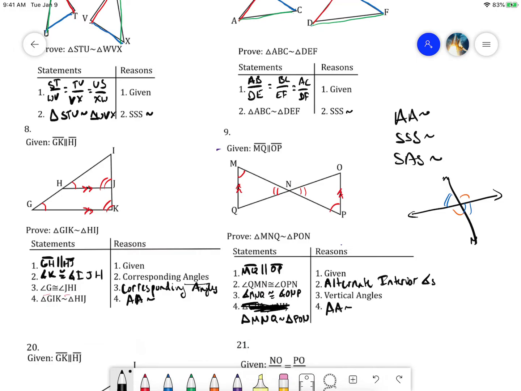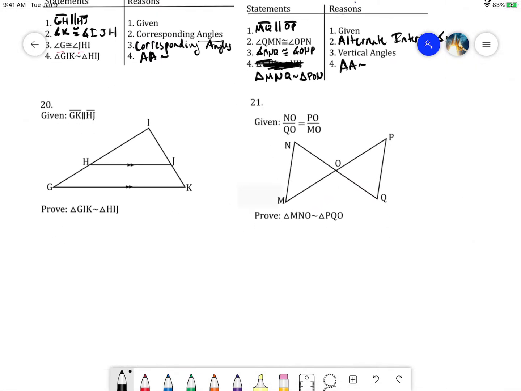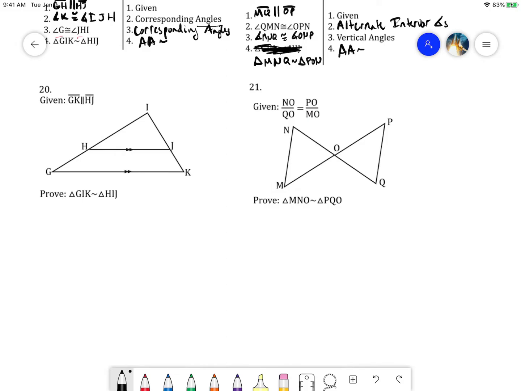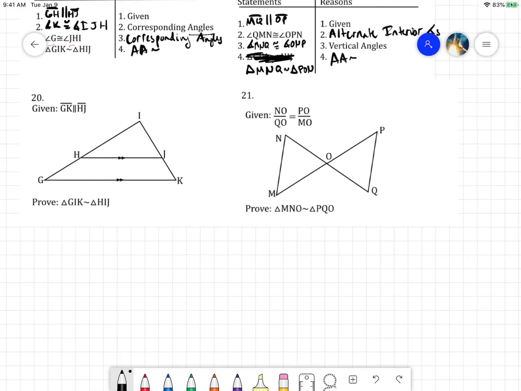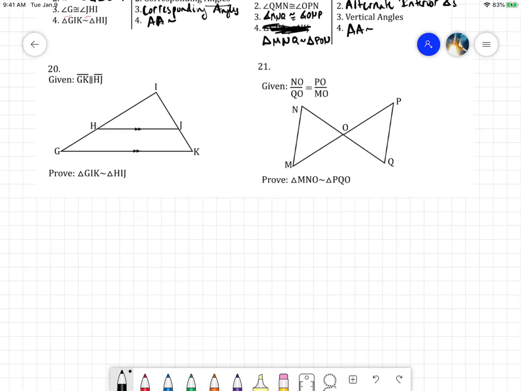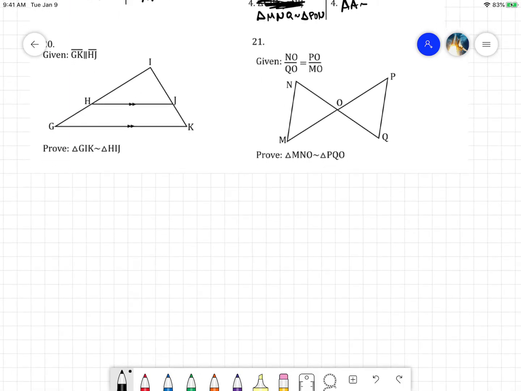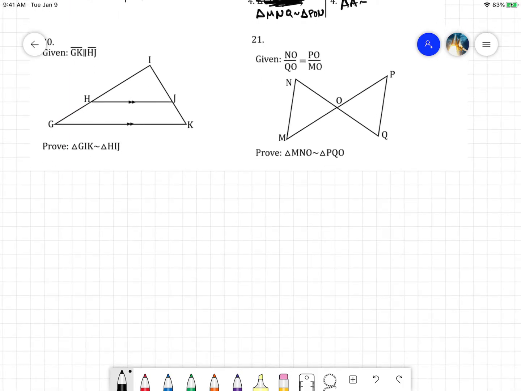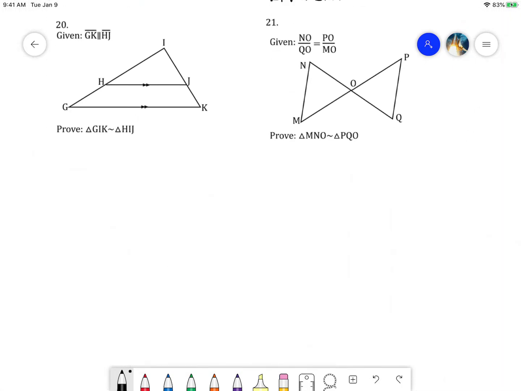All right. So I'm going to spare us because we basically just did these. But if you want to try on your own, when I post this, I will be posting the solutions to these 2 proofs. Normally, if we were in class, I would have the class do this.